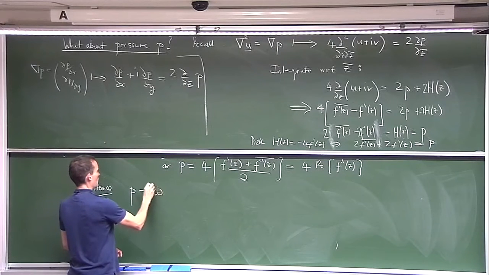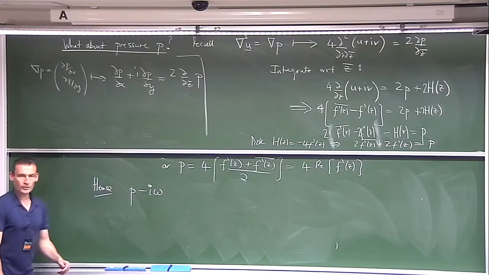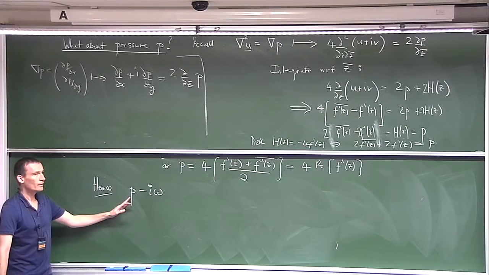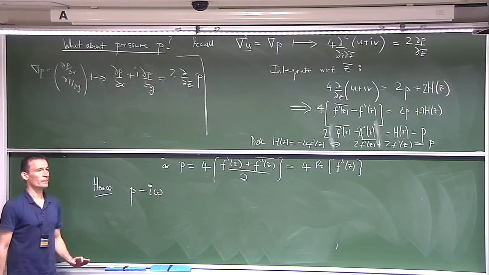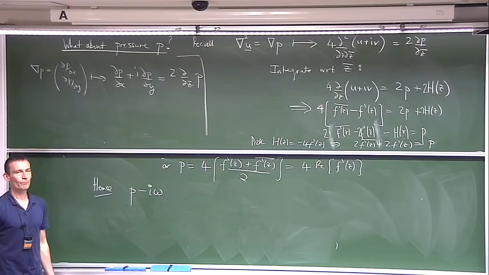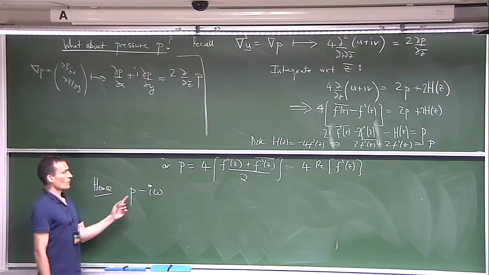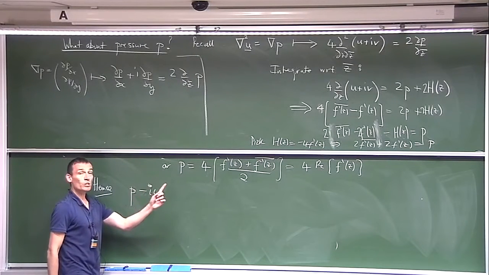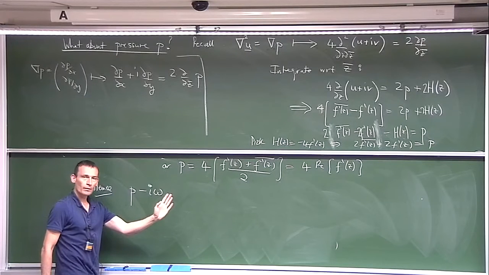So who can tell me what the pressure minus I times the vorticity is? The pressure is 4 times the real part of F prime.